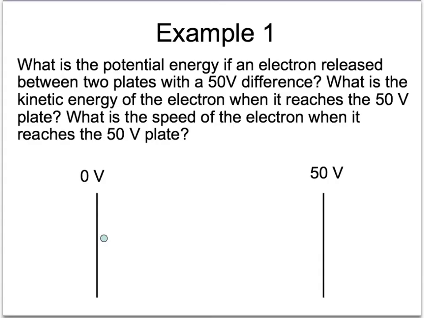Let's look at an example of how we can use this. What is the potential energy if an electron is released between two plates with a 50 volt difference? First I'm asked to find the potential energy.